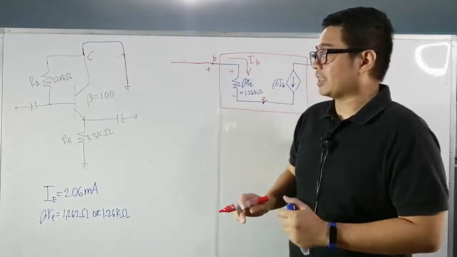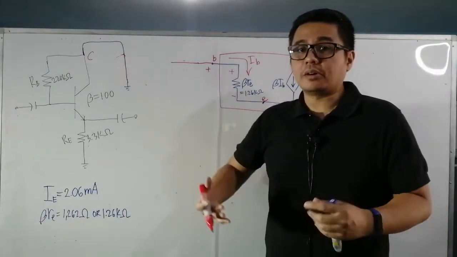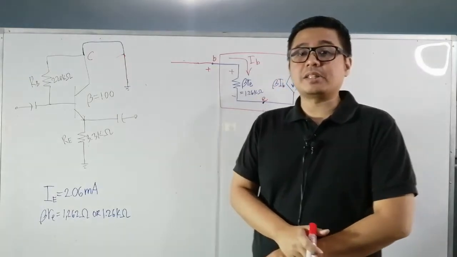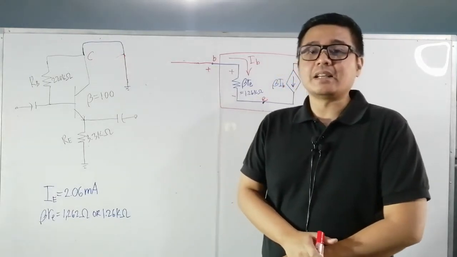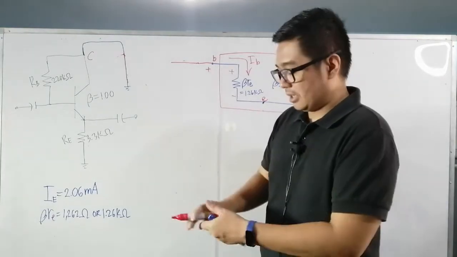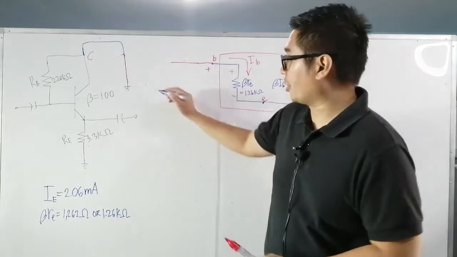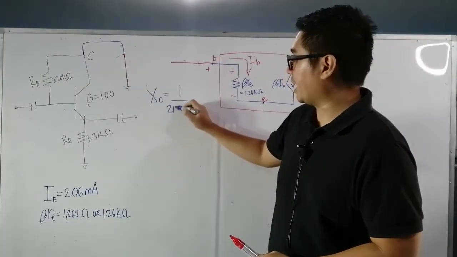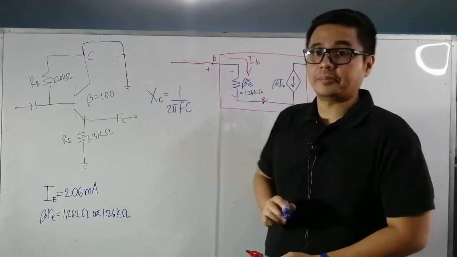Right? The next step is to short out yung mga coupling capacitors natin, because under AC, coupling capacitors are considered to be shorted based on the formula for the capacitive reactance, which is equal to 1 over 2 pi FC.